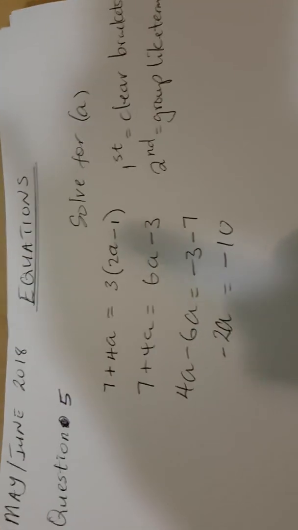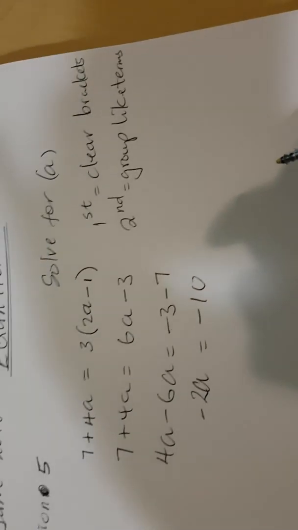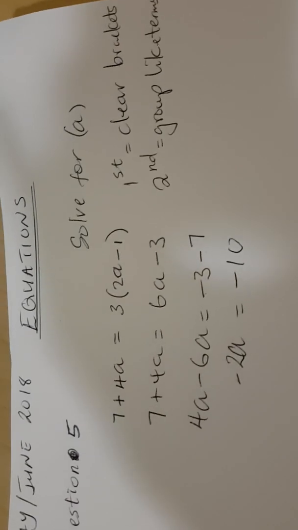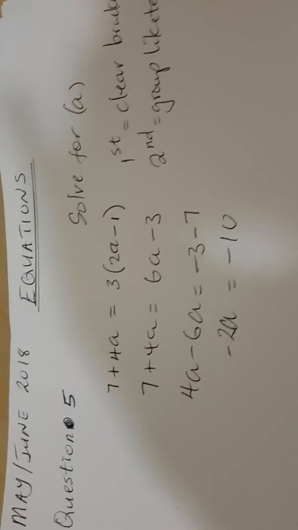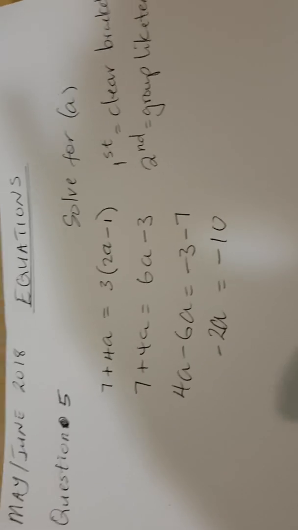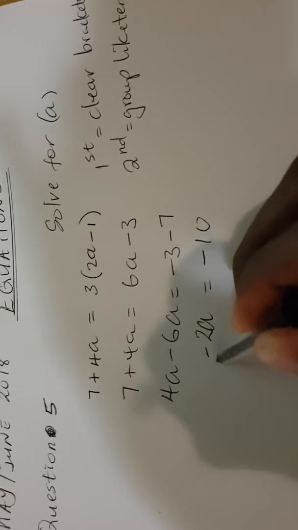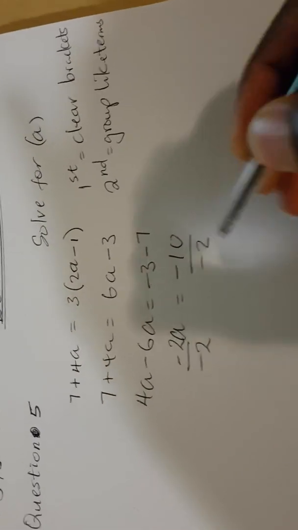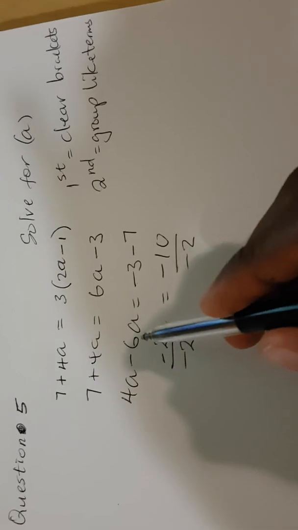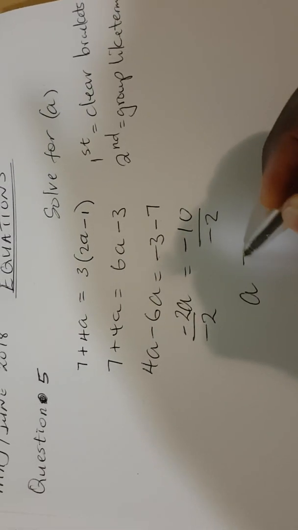And in this case, you have to solve for a. So it means any number that is next to a has to divide both sides so that you can solve for a. So the number that is next to a is negative 2. So you divide both sides using negative 2 so that you can solve for a. Negative 2 divided by 2, they will give you a.